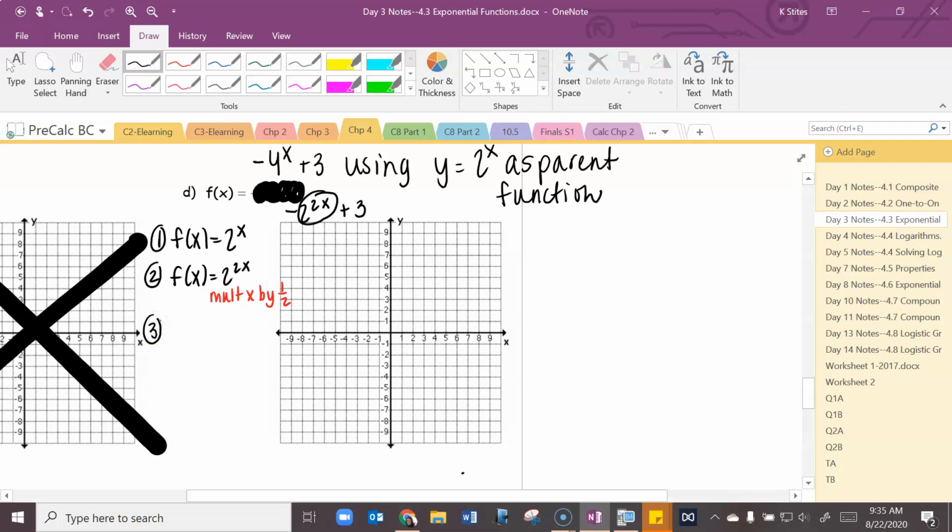Next would be your vertical stretch compress reflect, which is this negative right in front. And what that is doing is multiplying your y by negative 1, which is reflecting over the x-axis. Notice the difference here. The negative is in front.